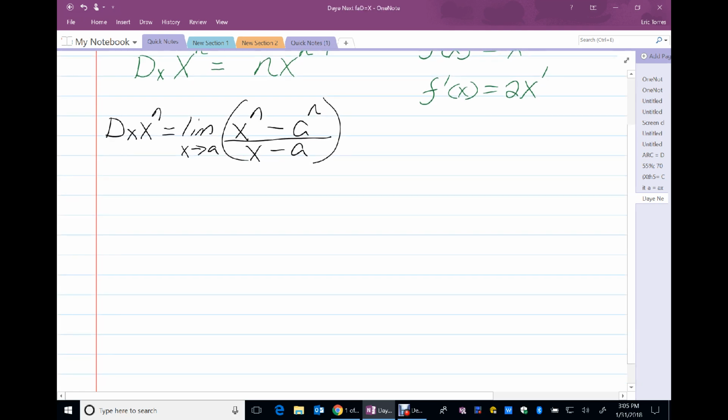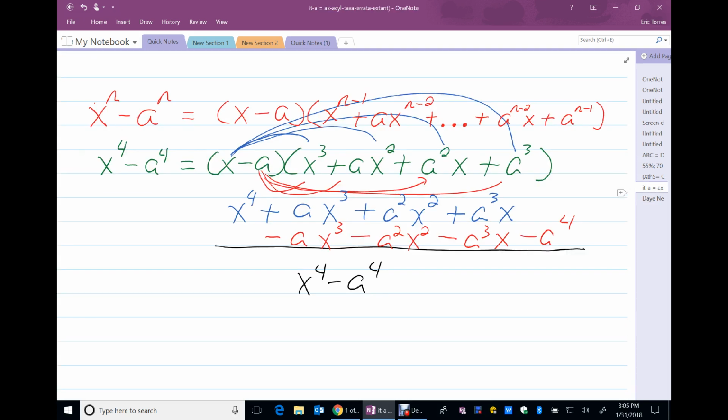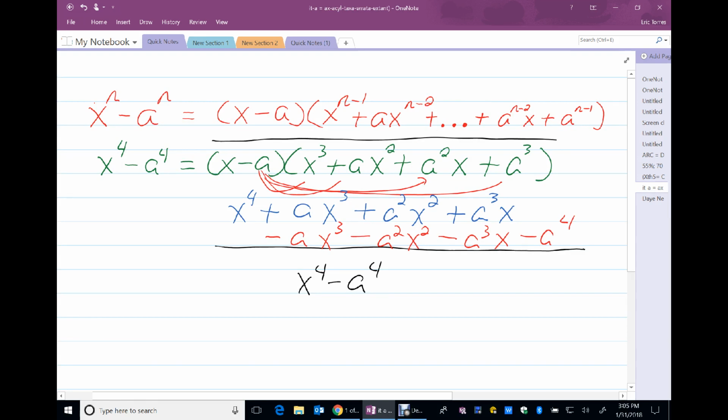Now, I need to simplify this. And what I can do now is take my top, and I'm going to use this set here, and I'm going to factor it out, and I'm going to write it just like that.